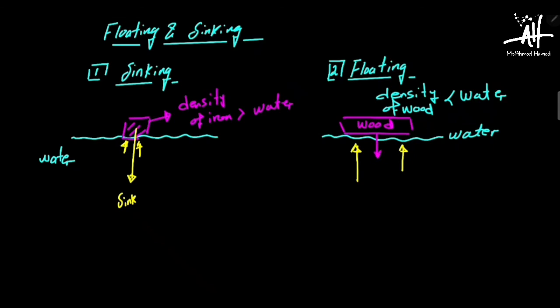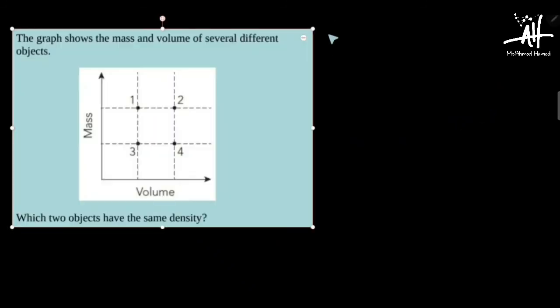So the wood or the cork will float on the surface of water. So we can say that if the object has a density higher than the water, it will sink inside it. And if the object got a density less than the water, it will float on the surface of the water.